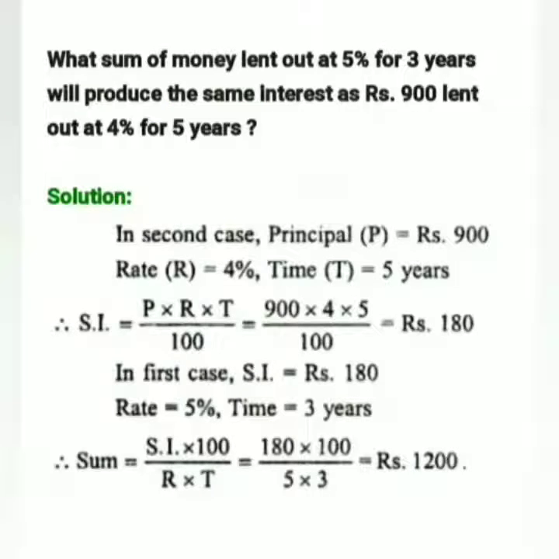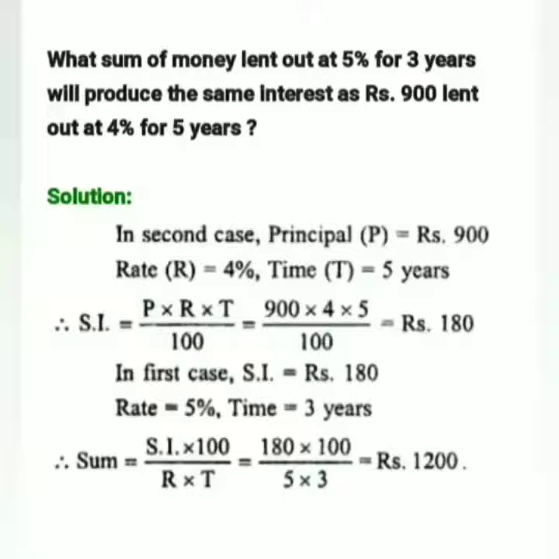Moving further to question 2. What sum of money lent out at 5% for 3 years will produce the same interest as rupees 900 lent out at 4% for 5 years? So first of all, in this question we will be solving the second part to find out the simple interest.